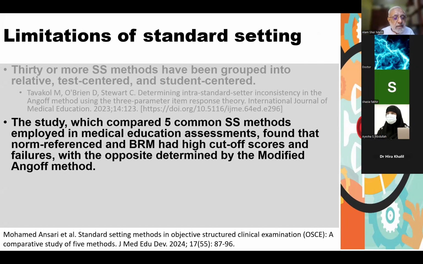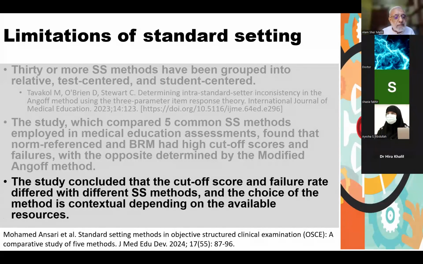A study was conducted in our medical school, based on the OSCEs for preclinical years. The study, which compared 5 common standard setting methods employed in medical education assessment, found that norm referenced and the borderline regression method have high cutoff scores. So when the cutoff scores are high, of course, the failure rate is high.